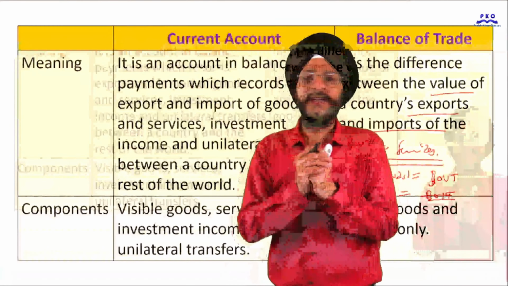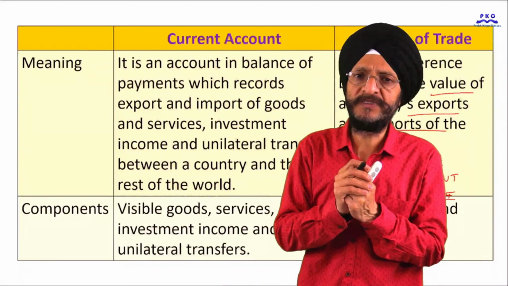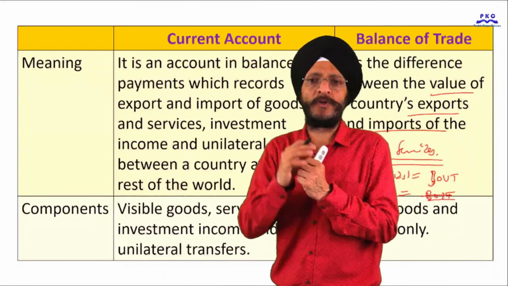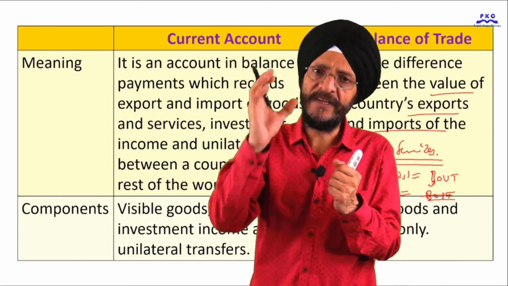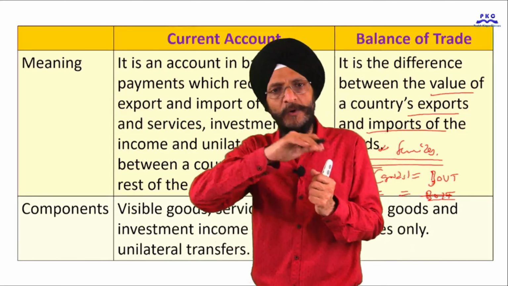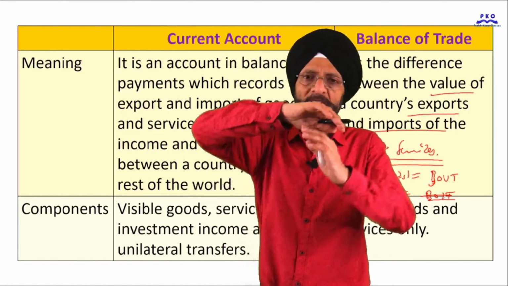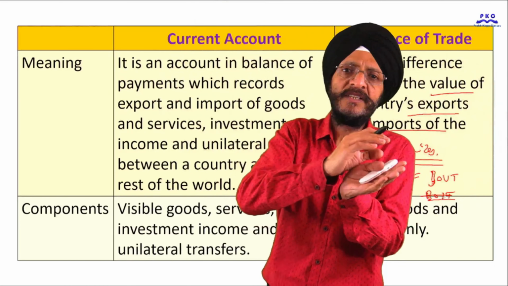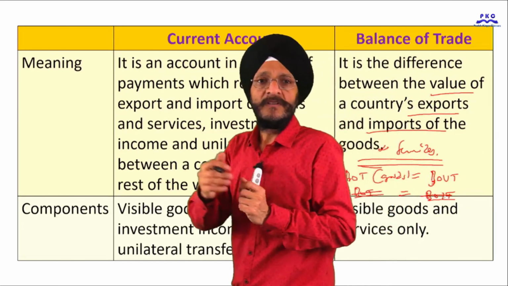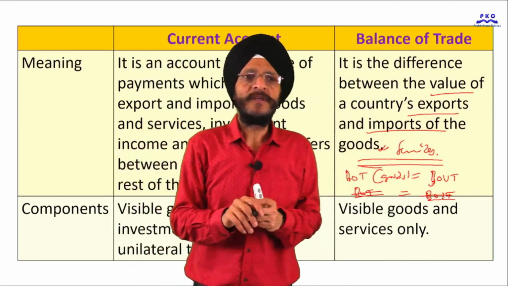We cannot ignore the role of services in export and import of the country. Services play an important role in any economy. So when we are talking about balance of trade, we should have a broad overview and should also include services. Now, what are the components of balance of trade?